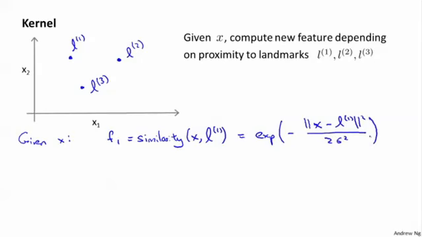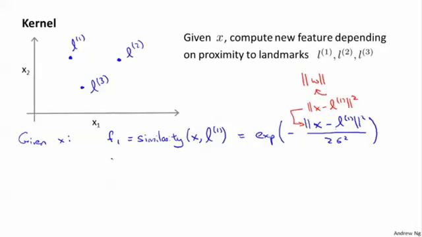So depending on whether or not you watched the previous optional video, this notation, right? This is the length of the vector w, and so this thing here, this x minus L1, is actually just the Euclidean distance squared between the point x and the landmark L1. I'll say more about this later.